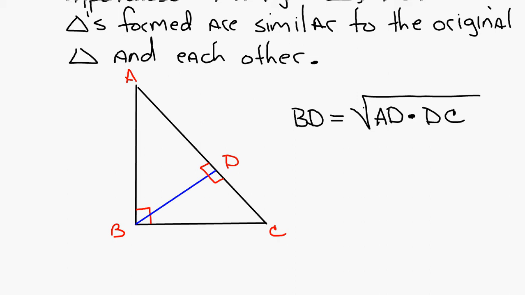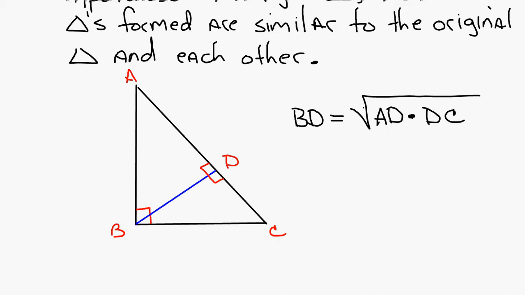Memorize it. Why is it square root? It's just the rule. It all has to do with right triangles and the Pythagorean theorem, a squared plus b squared equals c squared, which is a partner of the distance formula, and all of that involves square roots.